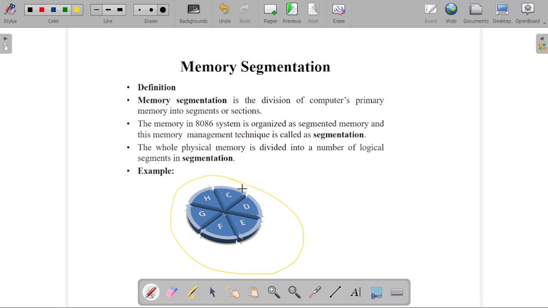In the 8086 system, we are dividing our memory, that is segmented memory, into different parts. Those parts are called segments. Each part will be considered a segment, and these segments are also known as logical segments. So our whole physical memory can be divided into a number of logical segments. That's the concept of segmentation.